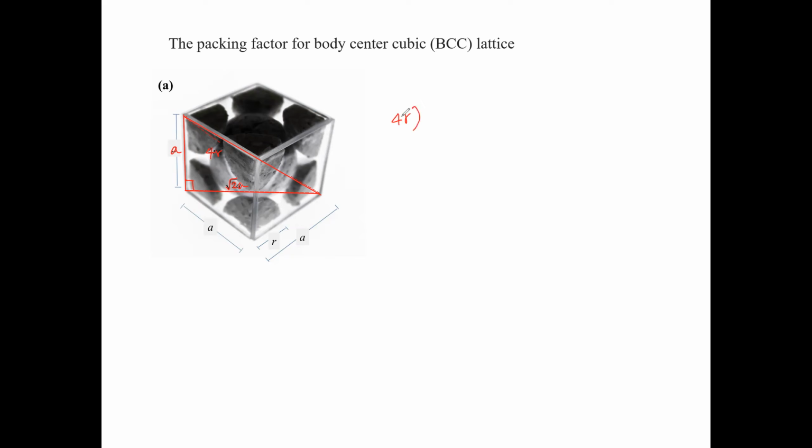from this, we're gonna get 4R total square equals square root of 2A square plus A square. So this is 3A square is 4R square.